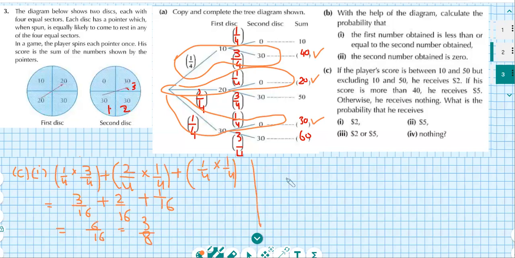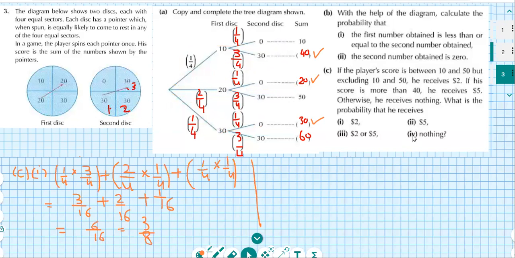Next part. We're getting $5. If his score is more than 40, he receives $5. So scores more than 40 will be this one, 50 and 60. So there are two branches, this first one and this second one.